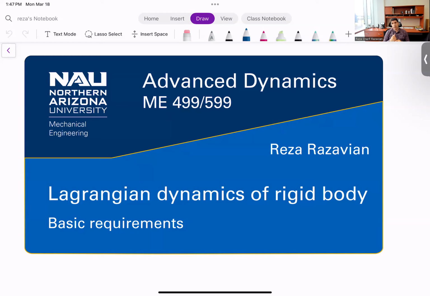So in the previous videos, we looked at the dynamics of rigid bodies in 3D space. And we were working with Newton's equations, F equals ma, and the extension of that in rotational domain with Euler equations.